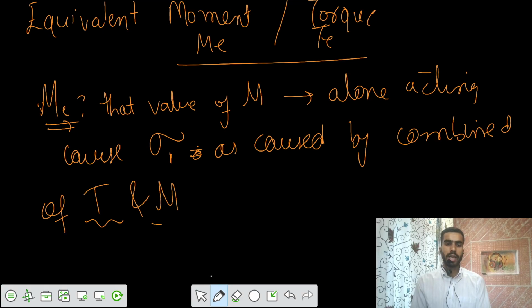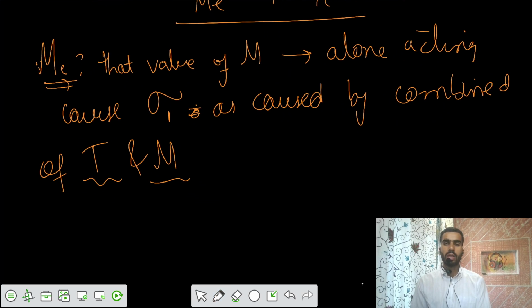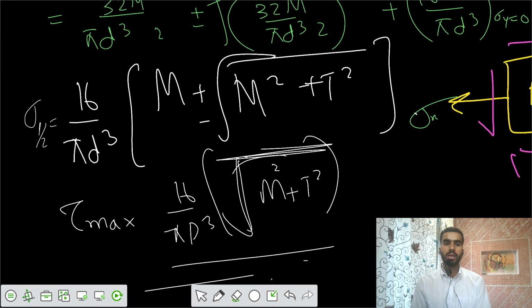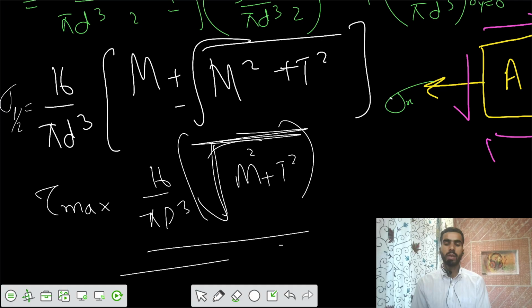Because of the T and M acting on that element, they contribute some value of sigma 1 equal to 16 by pi d cube times M plus the root of M squared plus T squared.